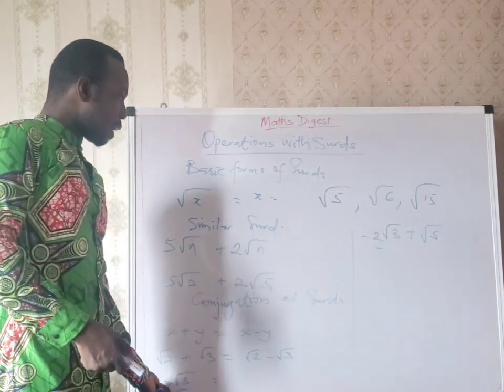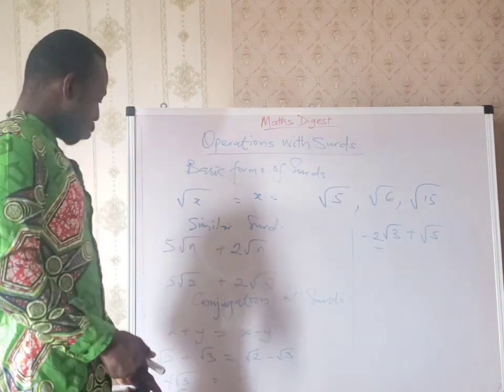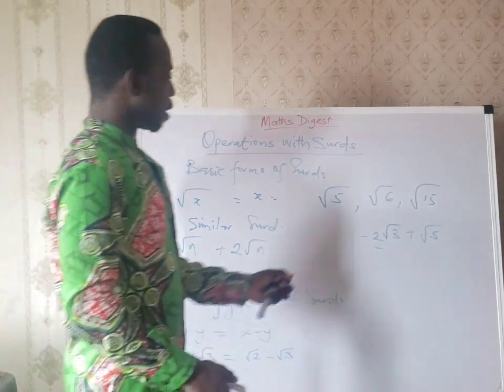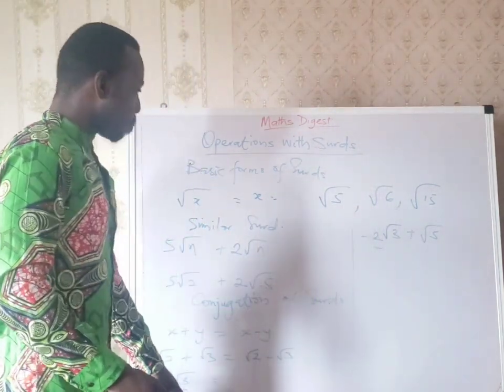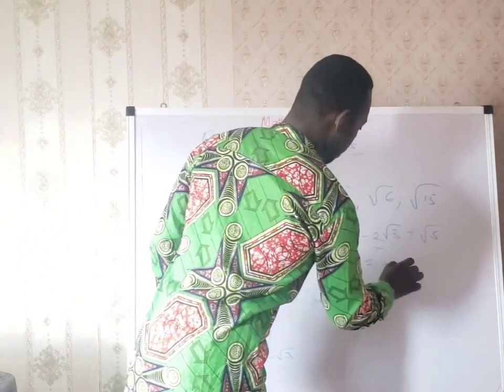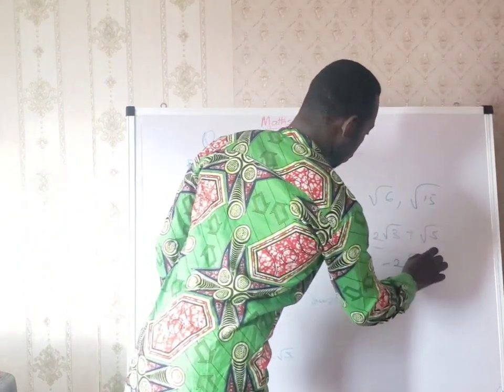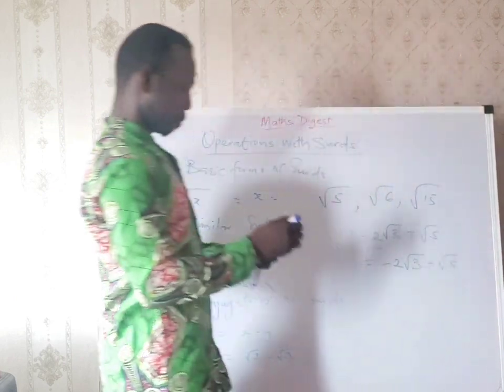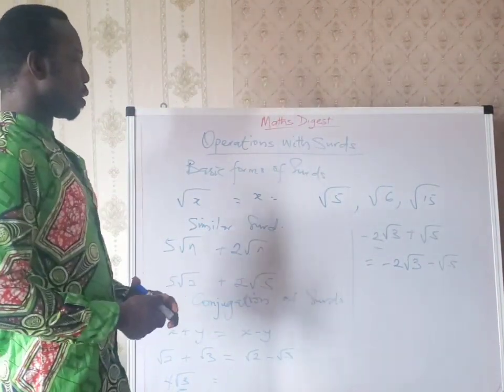But here, when they are alone, you have to leave this aside and focus on the surd aspect of it, and rationalize. So you can have this to be minus 2 root 3 minus root 5. All right, I believe we understand that.